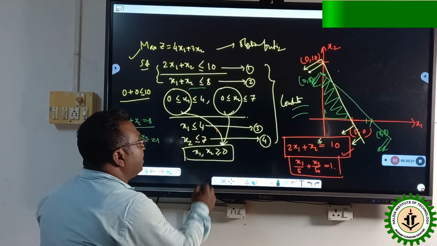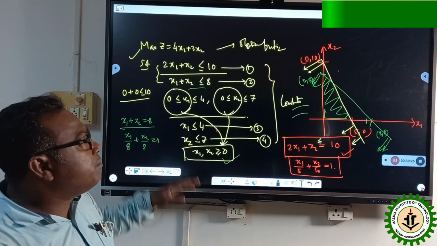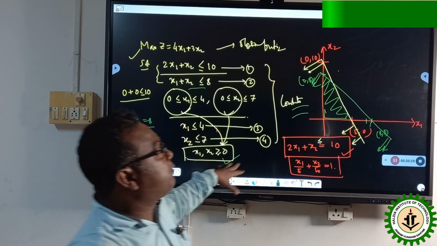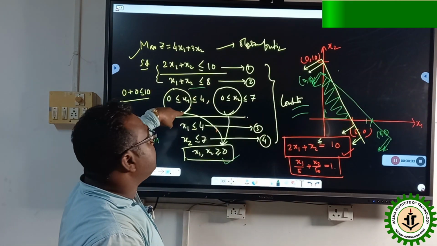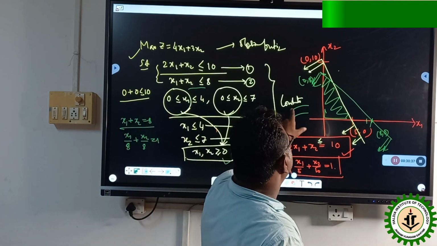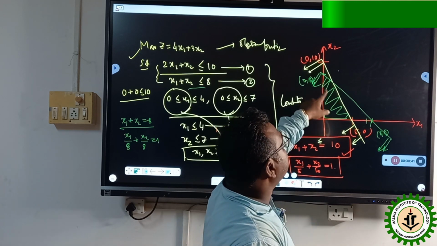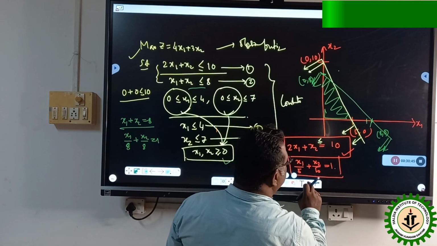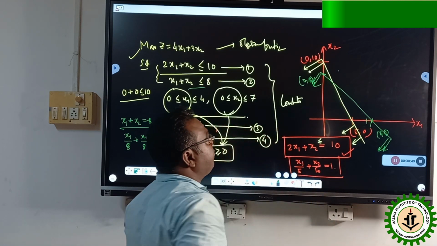You can see here x1, x2 greater than or equal to 0, meaning we want points x1 and x2 in the first quadrant as well as satisfying these inequations. For that reason we are not going for those portions, we are just choosing this one. I hope it is clear to everyone.